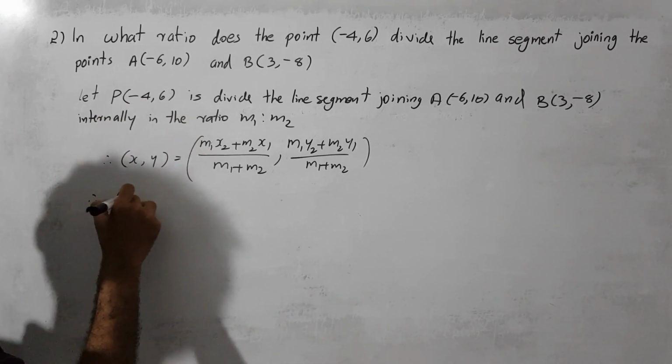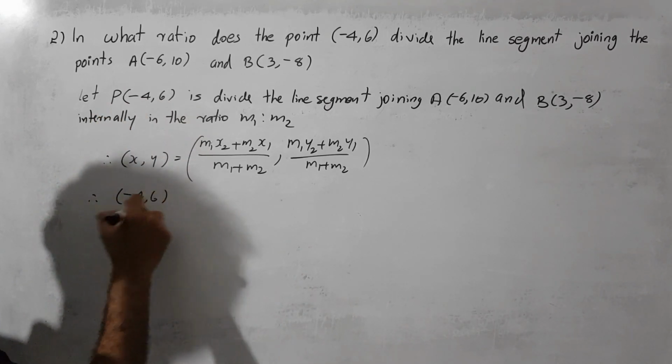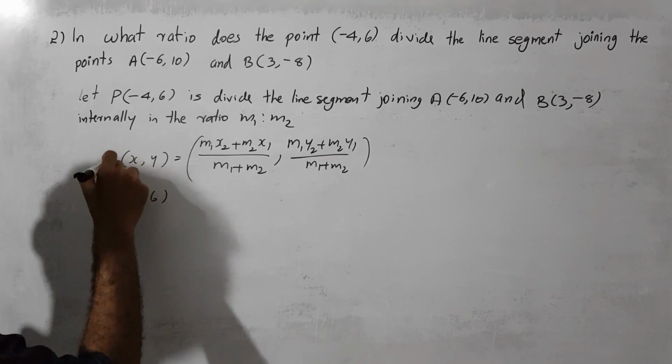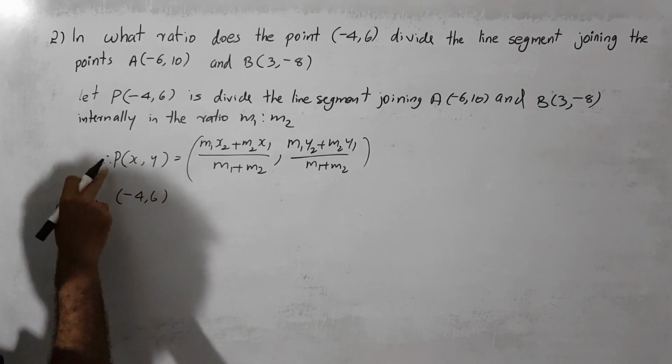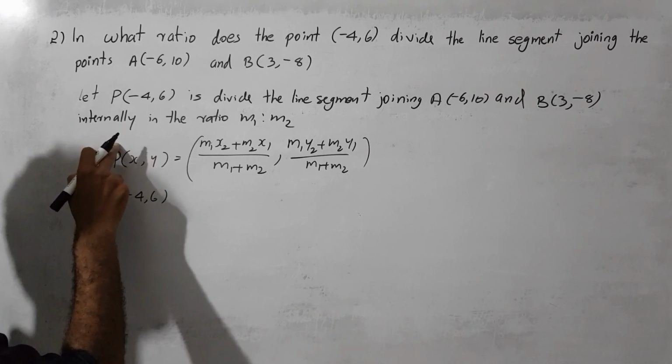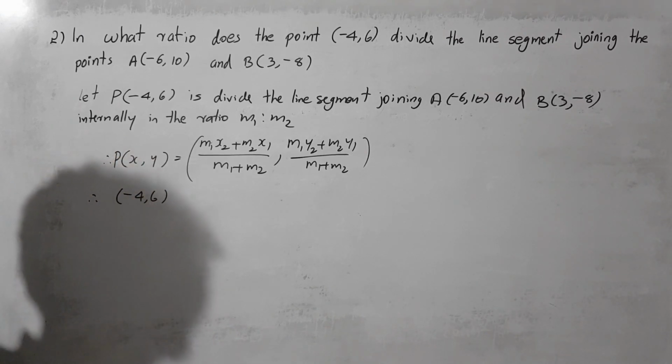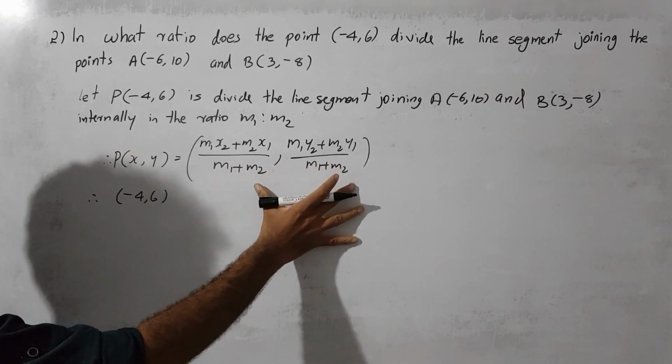Therefore (-4, 6) is equal to the point P(x, y). Then we do not need to write the point name here. The coordinate is enough, because it is in the form of a coordinate only, correct?